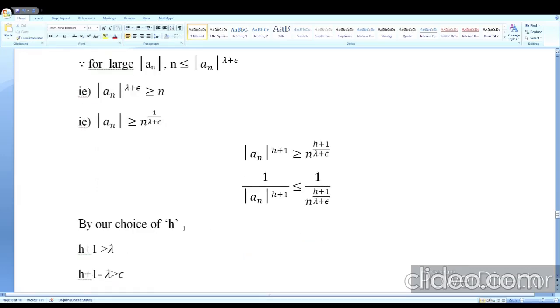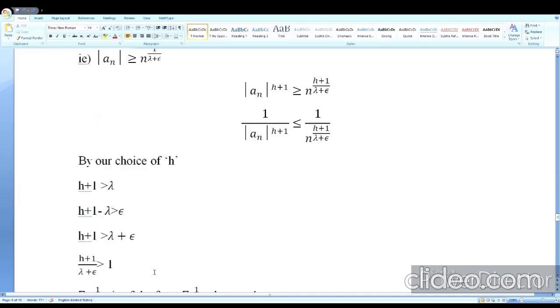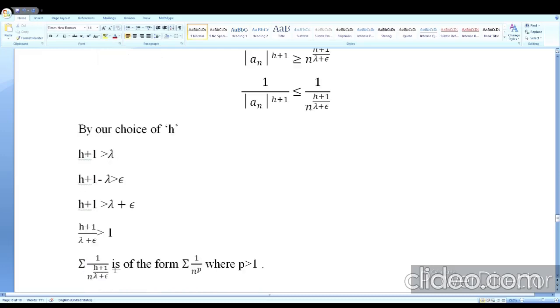By our choice of h, we know that h plus 1 is greater than lambda. So h plus 1 minus lambda is greater than epsilon. Or h plus 1 is greater than lambda plus epsilon. Or we can write h plus 1 by lambda plus epsilon is greater than 1.